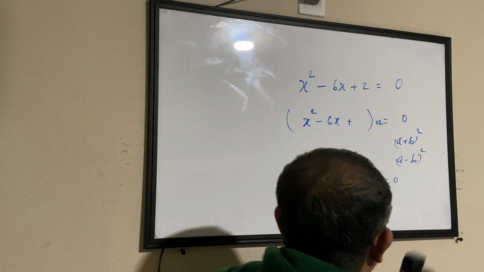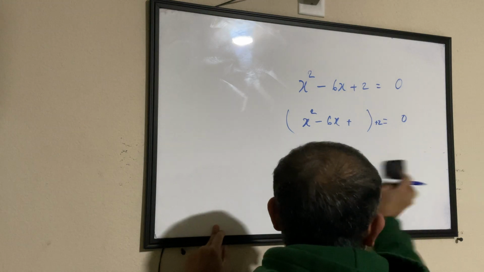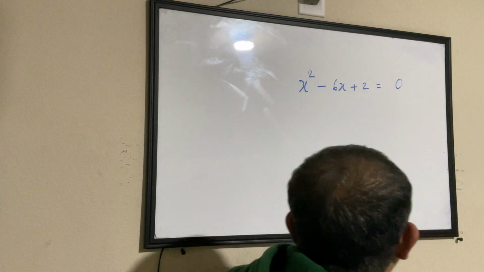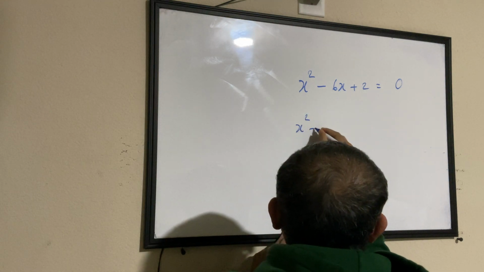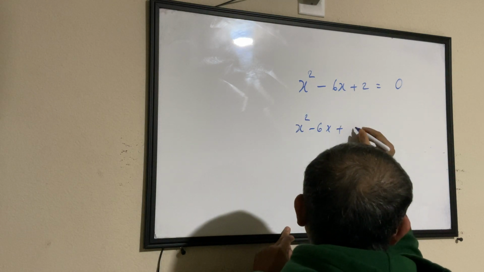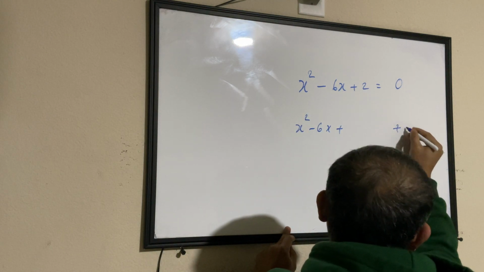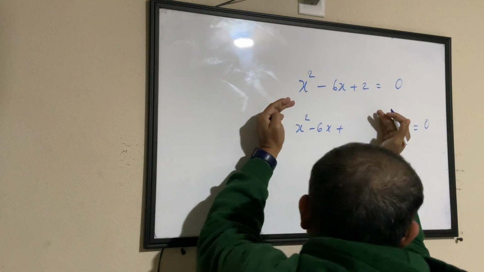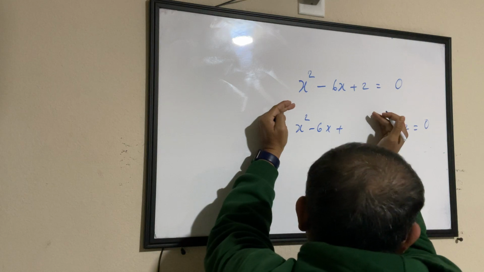Okay, so probably I'll make a little more sense now. I have x squared minus 6x plus 2. I'll keep the 2 somewhere else. I want to put something here so that this piece alone becomes a square.